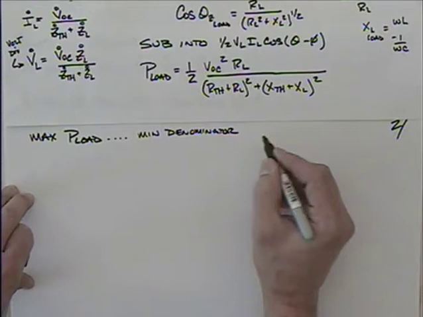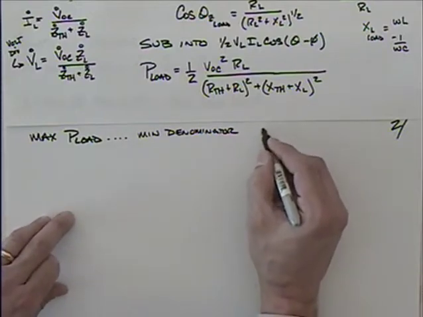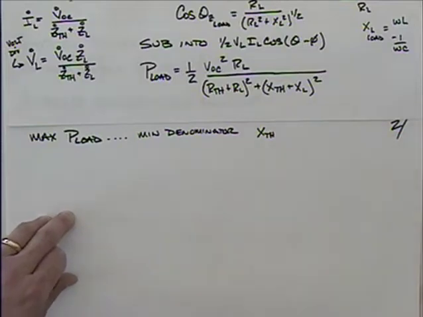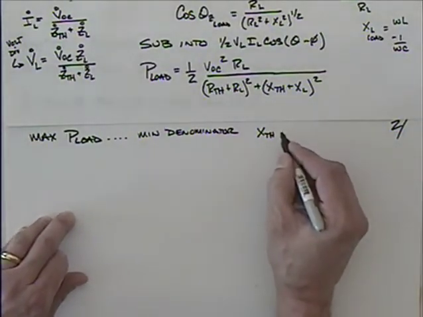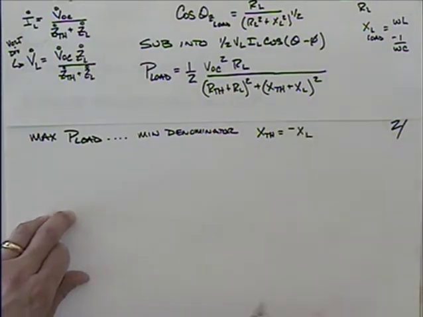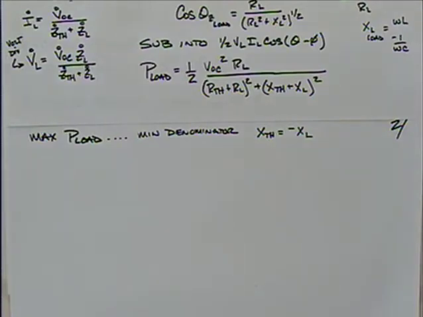Okay, and one real good way to minimize the denominator is X Thevenin, whatever the reactance of the Thevenin is. If I set it equal to minus XL, then that term goes to 0, right?